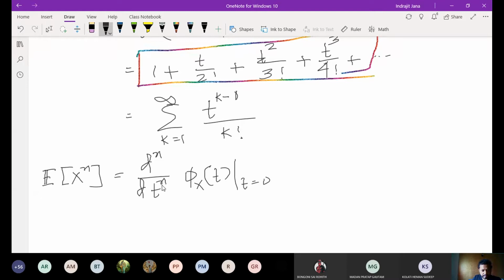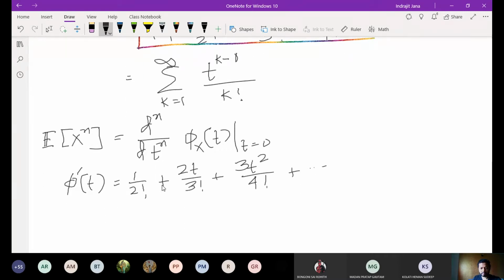What is the first derivative of this MGF? If you differentiate this function, 1 plus t over 2 factorial, t square over 3 factorial, and so on, it's very easy differentiation. You see 1 over 2 factorial plus 2t over 3 factorial plus 3t square over 4 factorial, and so on.